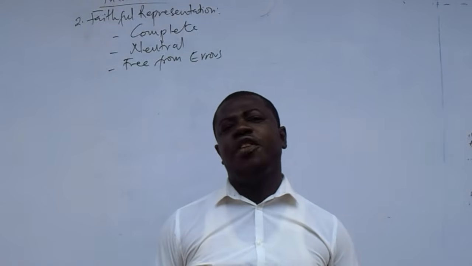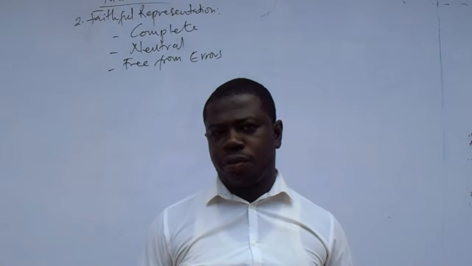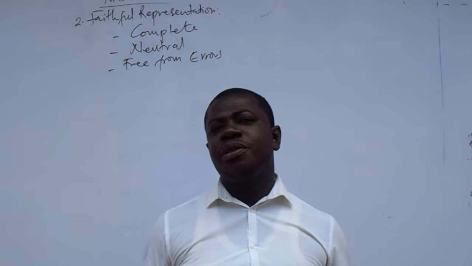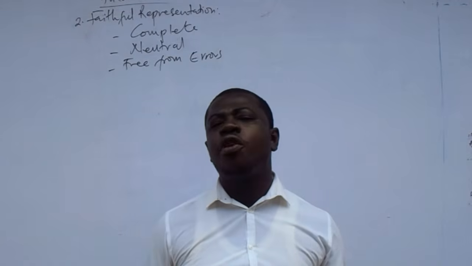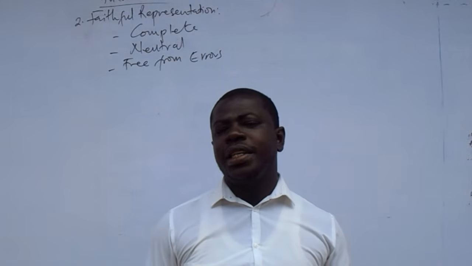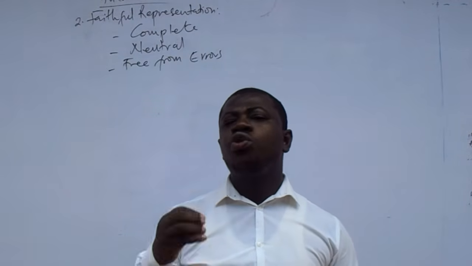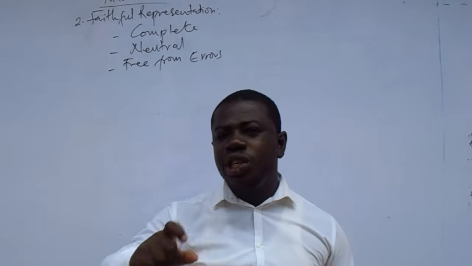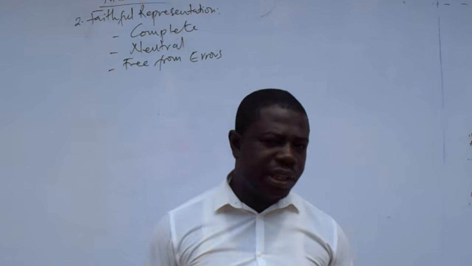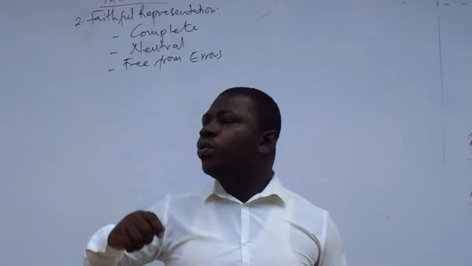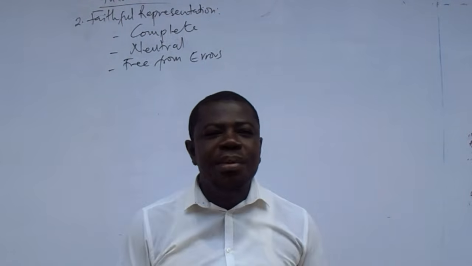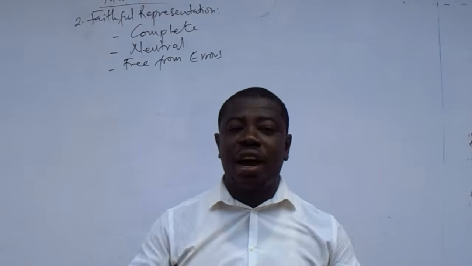Then finally, we are saying that financial statements must be free from errors. Financial statements should be free from errors in the sense that we should do our best to reduce the errors that are committed in the financial statement to make it true and fair. Now, this quality does not really mean that financial statements can never have errors.